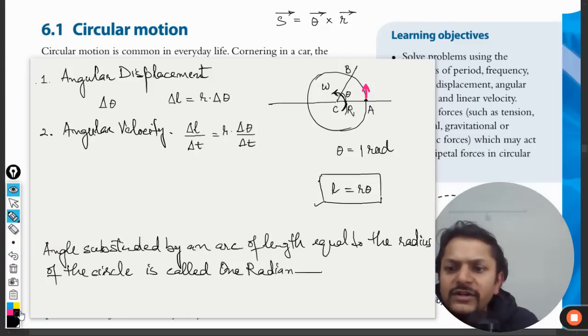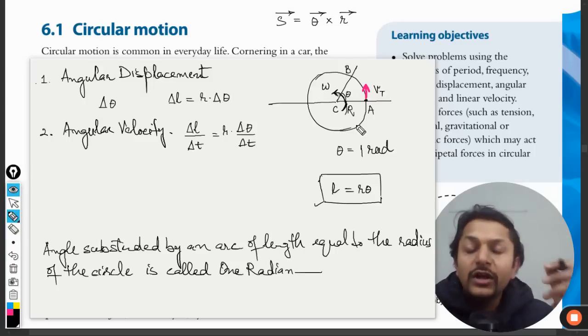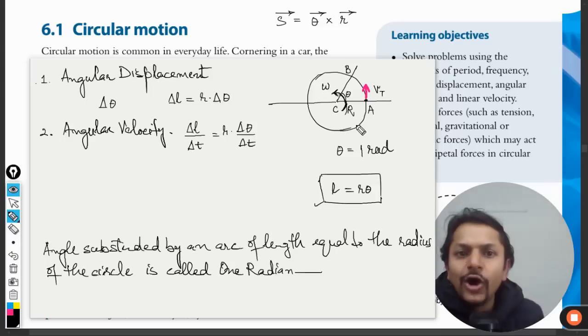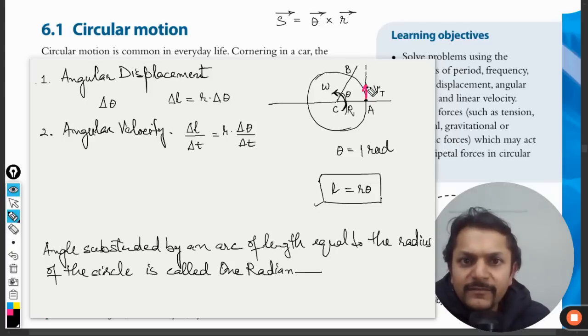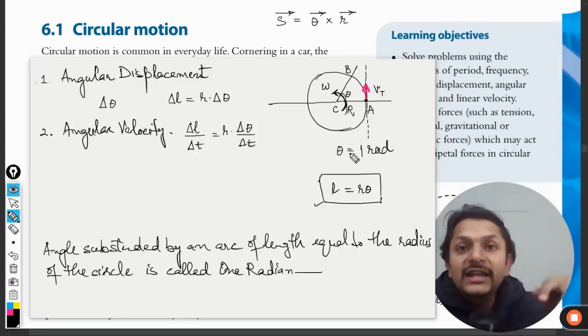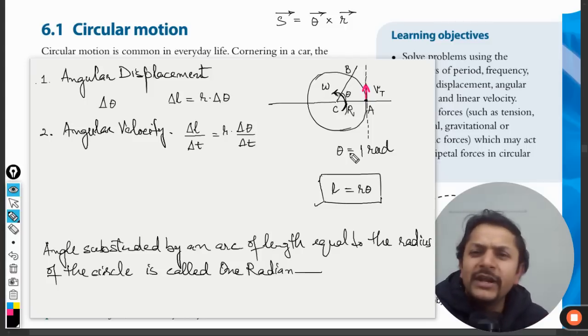Now, this velocity is v. This can be taken as tangential velocity. Tangential velocity means the velocity along the tangent to the circle. Or it can be called linear velocity because it is in a straight line. It is the same thing. Don't get confused about what is tangential velocity and what is linear velocity. There are so many names.